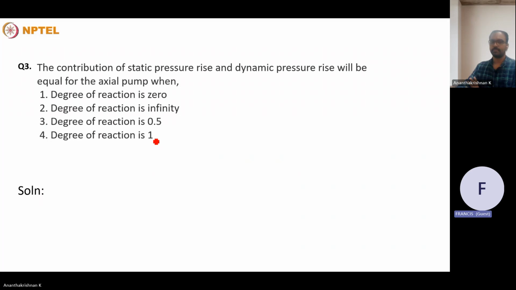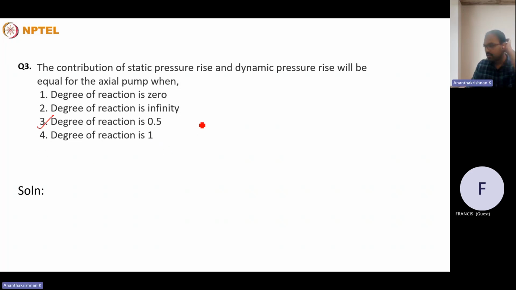Sir, 0.5. When the degree of reaction is 0.5, the contribution of static pressure rise and dynamic pressure rise will be the same. The formula of degree of reaction itself is the static pressure rise divided by static pressure rise plus dynamic pressure rise. So the right answer is degree of reaction 0.5.